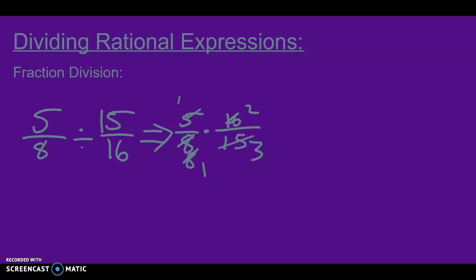Now, the final step is to multiply across. 1 times 2 is 2, 1 times 3 is 3, and 5/8 divided by 15/16 is equivalent to 2/3. Nothing we've done here should have been new or radical to you, just a review of how to divide fractions. So now let's look at applying that to a division of a rational expression.